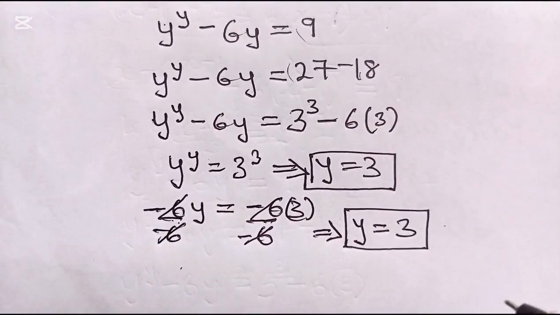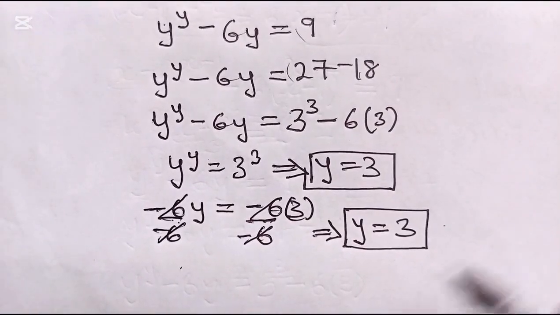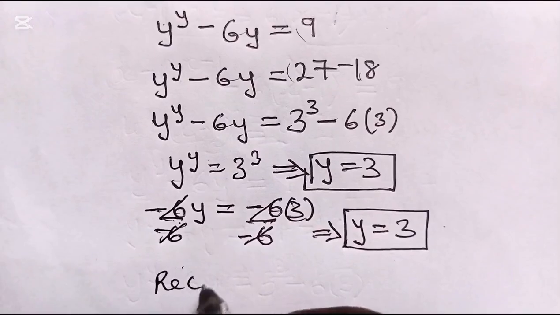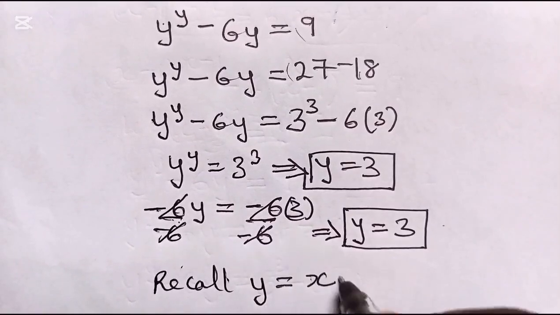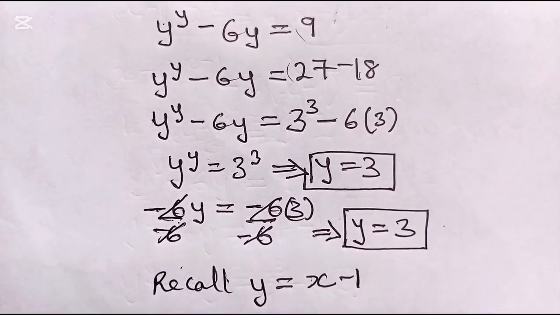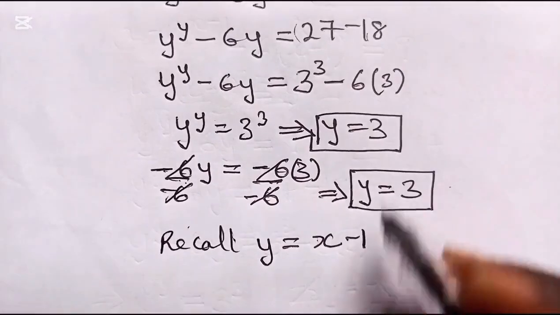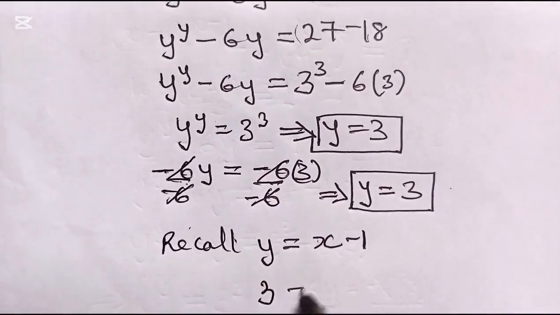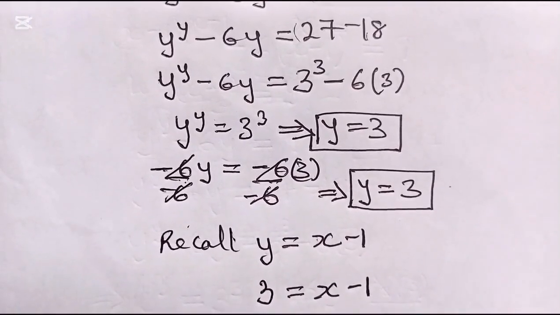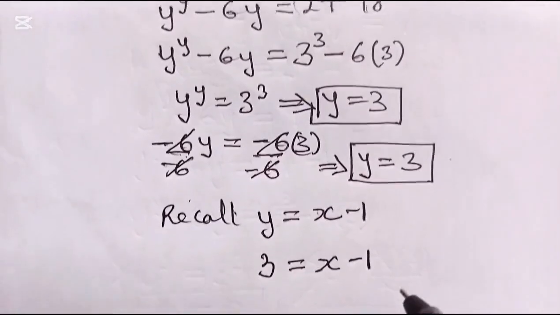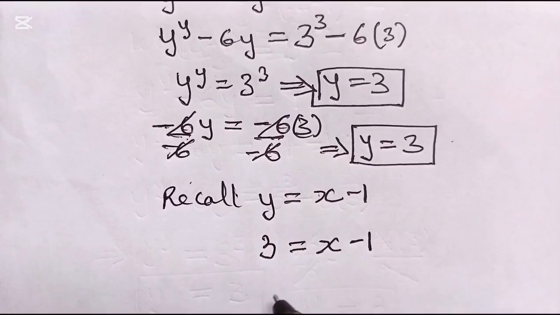Okay, so what do we do next? But recall that y is equal to x − 1. So since our y is 3, we just say 3 is equal to x − 1. So to find our x here, we are adding 1 to both sides.